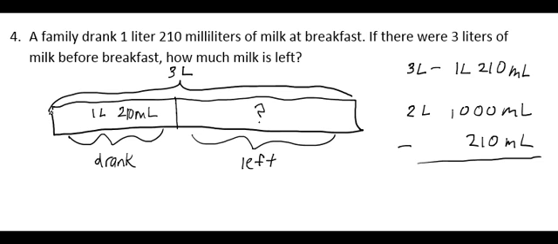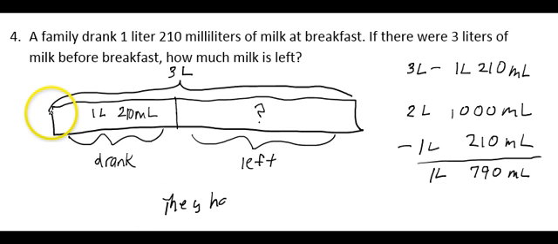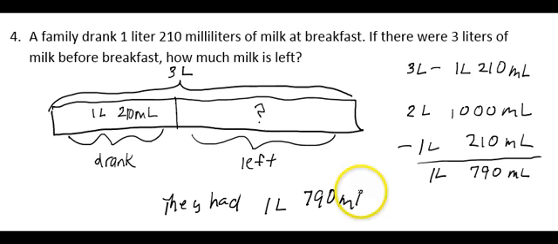So if I think 1,000 minus 200 is 800, subtract another 10, I would get 790 milliliters. And then 2 liters minus 1 liter would be 1 liter. So they had 1 liter and 790 milliliters.